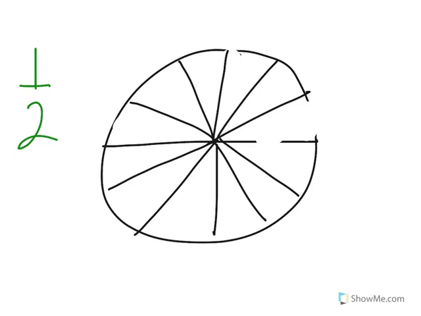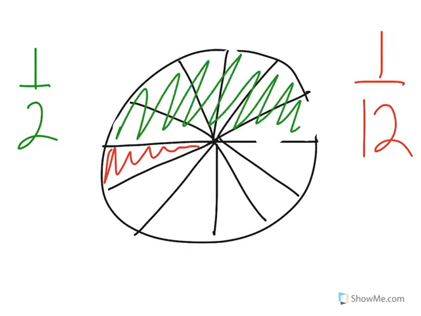Now the question also shows this bit shaded. So if there's 12 bits and one shaded, that means that that is 1 out of 12. Now I need to add those together. I can see that that is 6 bits at the top, or 6 green bits plus 1 red bit. Altogether that gives me 7 bits out of 12.